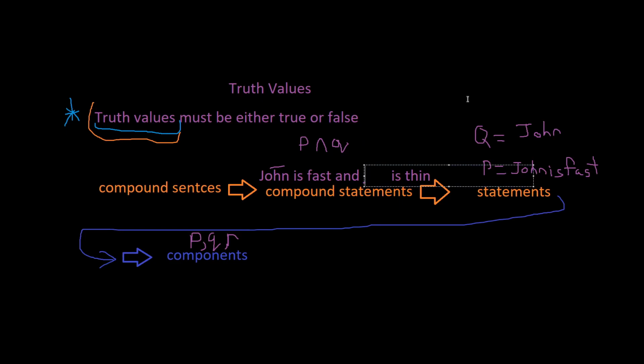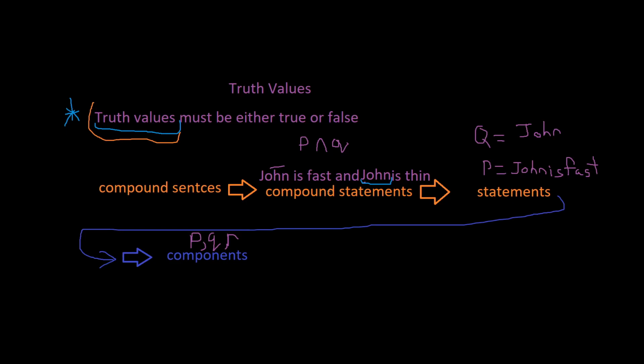And then once I finish explaining it to you, I'm going to explain it one more time. So feel free, if you understand this, to fast forward. So John is fast and John is thin. And you probably could see that for the most part. There. And so what do these compound statements give us?